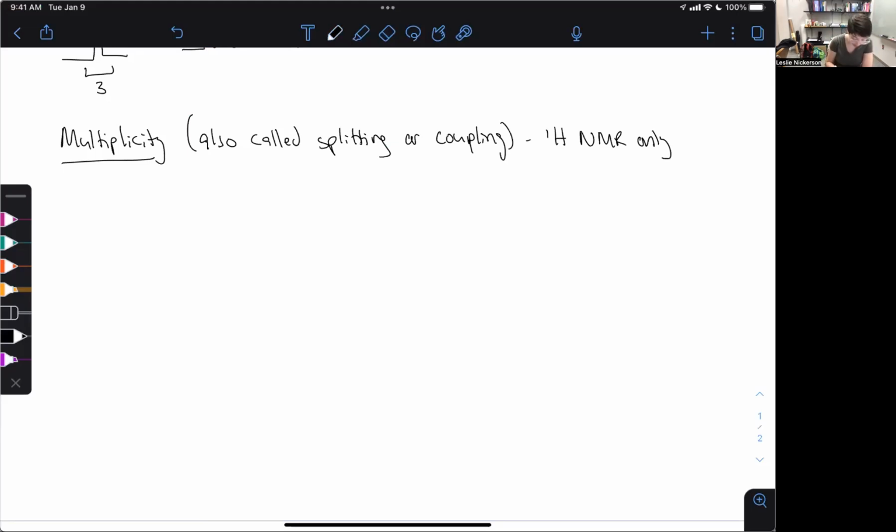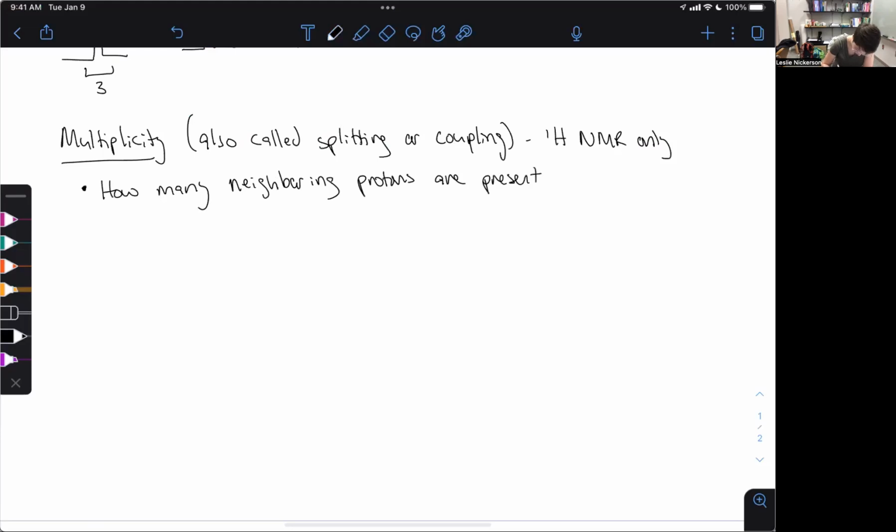So multiplicity is how many neighboring protons are present. Okay, we're looking for neighboring protons.